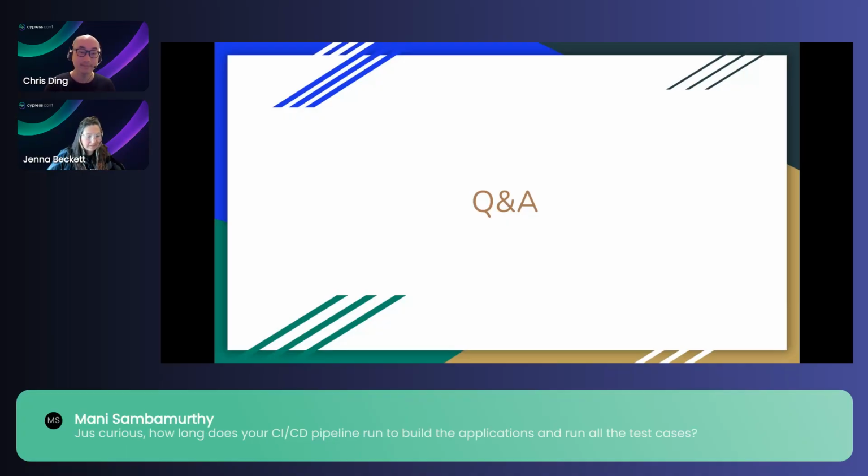Okay. And then another question here, just curious, how long does your CI/CD pipeline run to build the applications and run all the test cases? Yeah. For this test, we only started doing this about a year ago, but for one test case, it takes around 50 minutes to run.